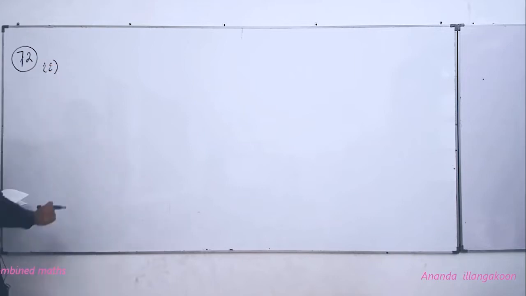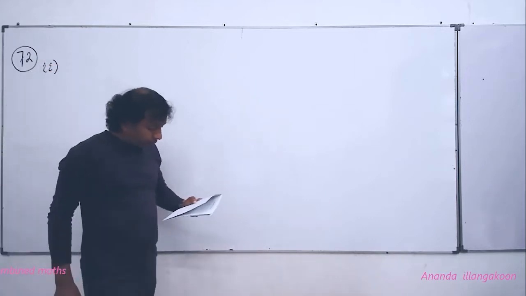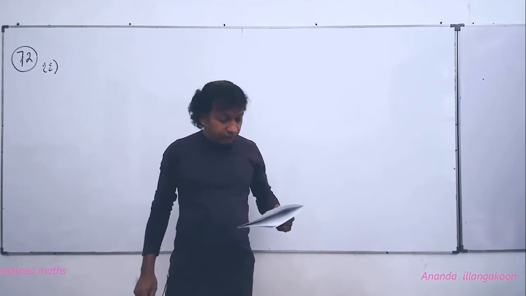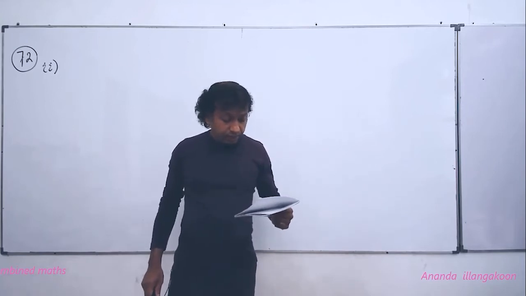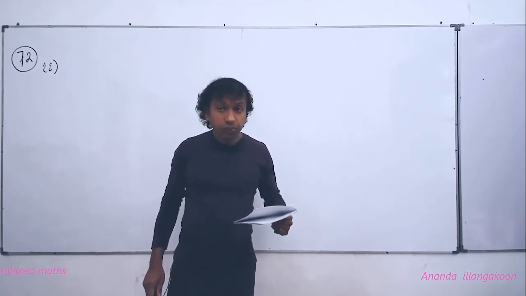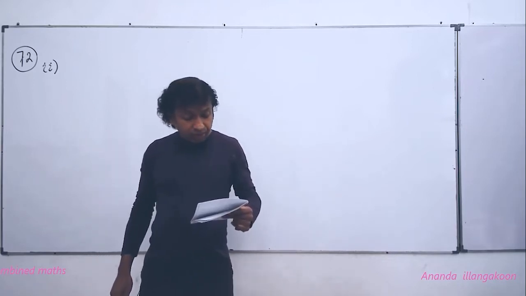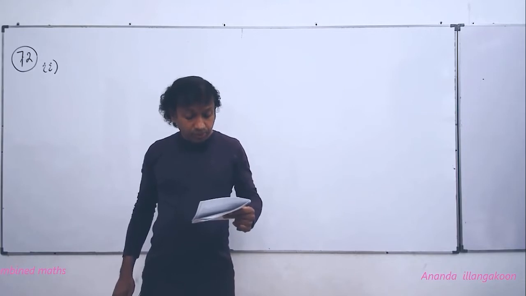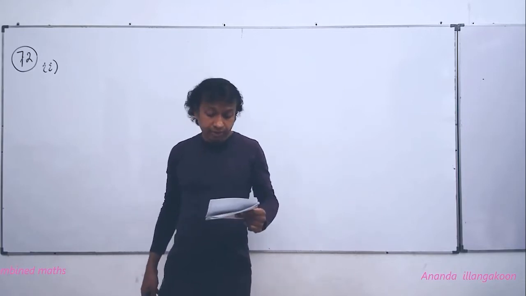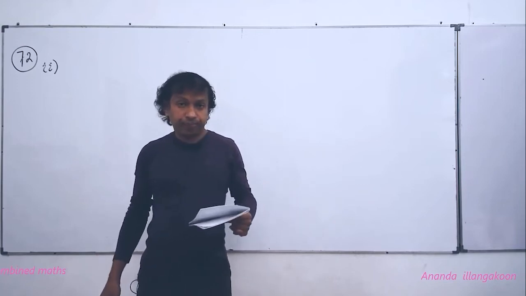In the question you are given: prove that the straight line y equals mx intersects the curve y equals f(x) in two real and distinct points for all real and finite values of m.